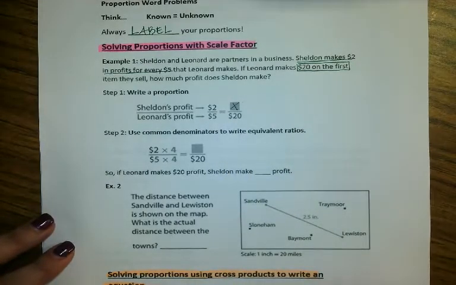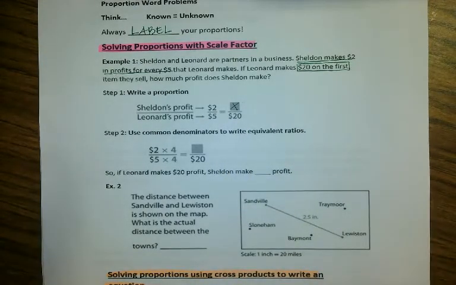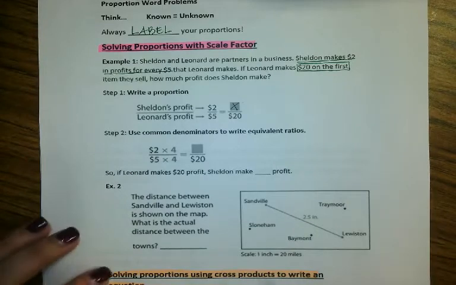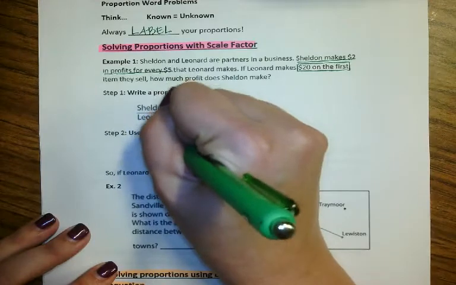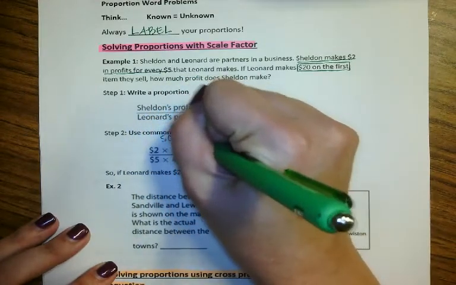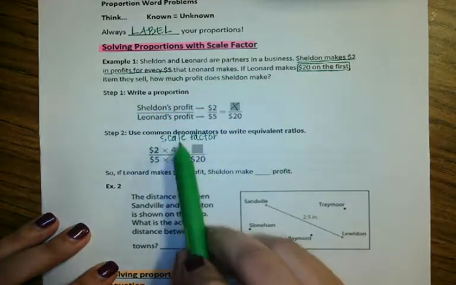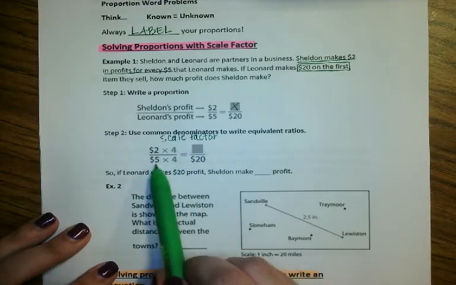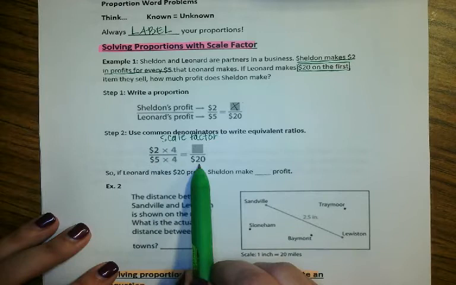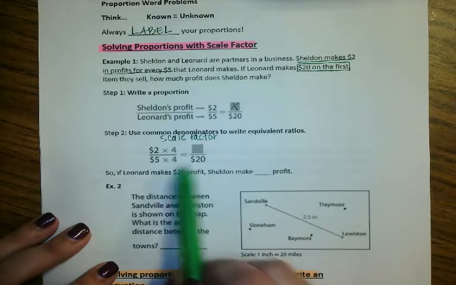So a way that we can solve this is, here it says to use common denominators. A more accurate term for that would be using our scale factor. So it says here that 5 times 4 is 20. That's the scale factor.